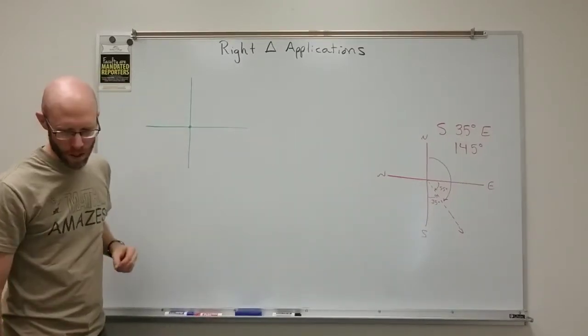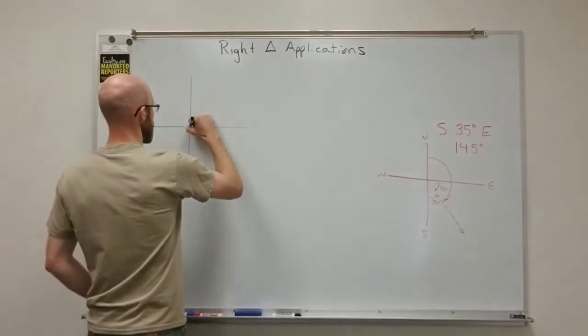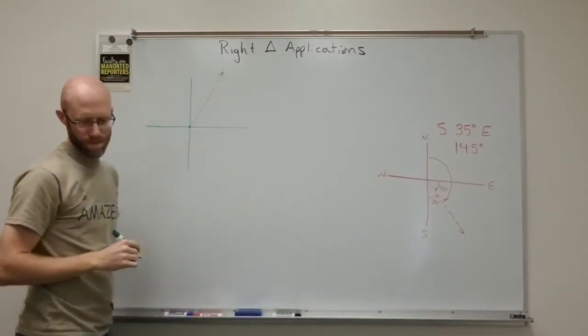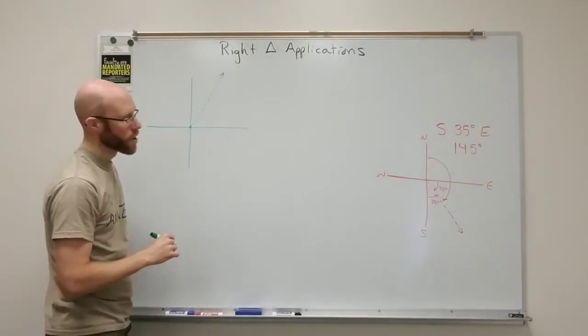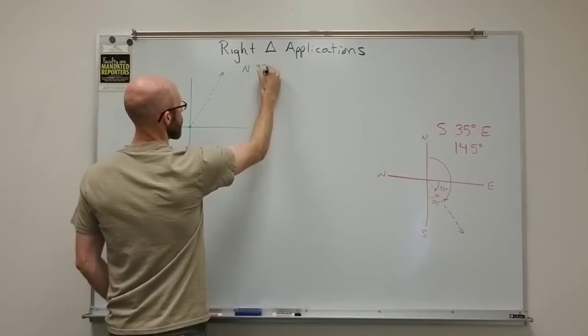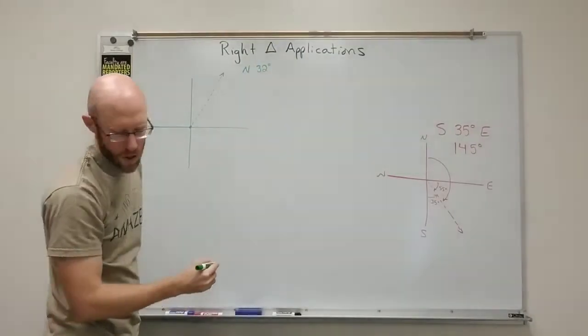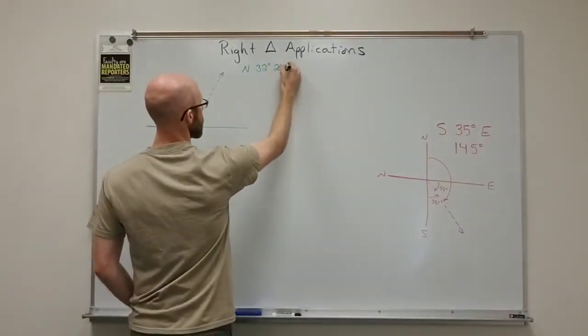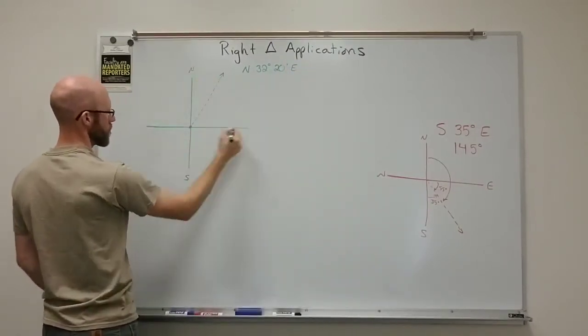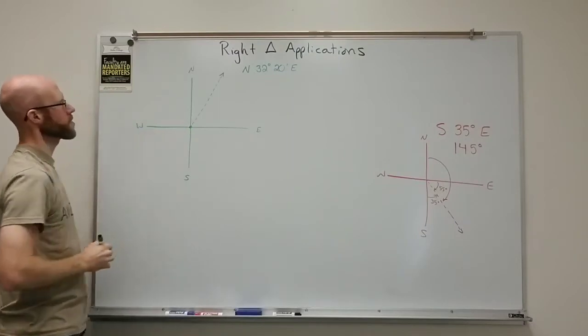So one boat, let's say it travels in a direction of north 32 degrees 20 minutes east. Okay, so there's north, south, east, and west.